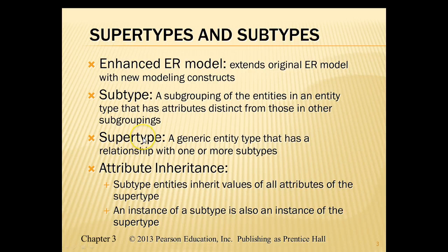So effectively, the enhanced ER model takes the supertype, and I'm not sure why they have this ordered in reverse order, in my opinion. The supertype is basically a cookie cutter entity type that has some generic attributes that will apply to other details, which will later be our subtype.